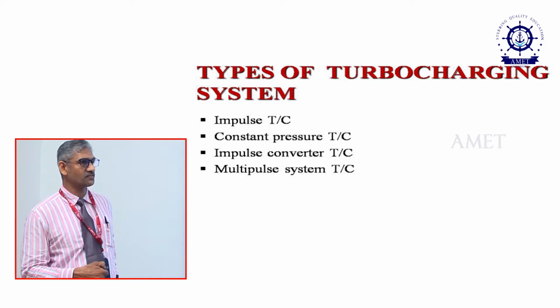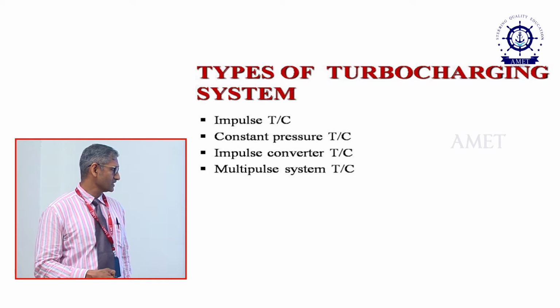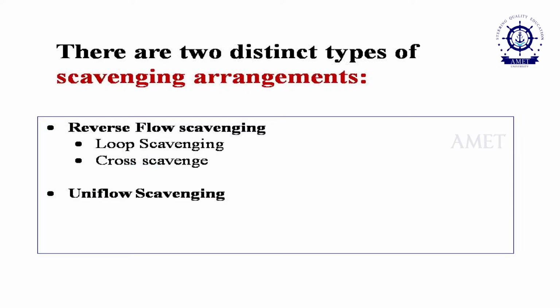The first one is reverse flow scavenging. Here there are two subcategories. Traditionally, engines such as MAN or Sulzer were using what is called reverse flow scavenging. It comes in two formats, what is called loop or cross flow. What exactly happens is the engine uses what is called an under piston, which will act like a pump.